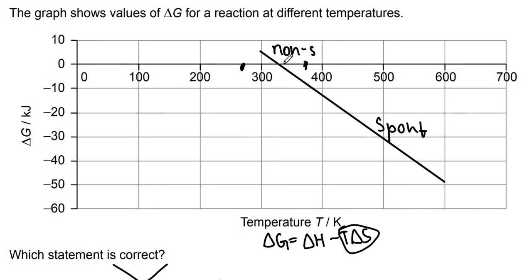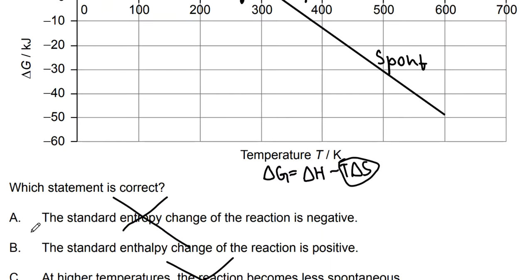And we see here that the delta G value at some point in low temperatures is positive. So that means when delta G is more dependent on this value, it's more positive. So this value must be positive as well. So B is the correct answer.